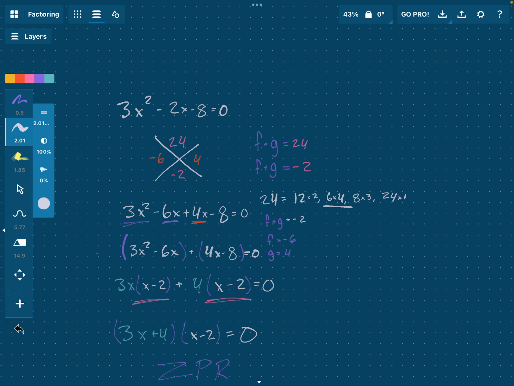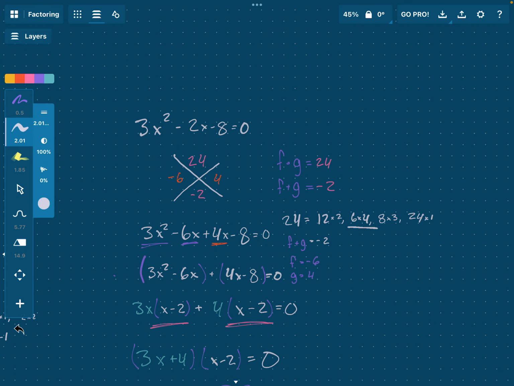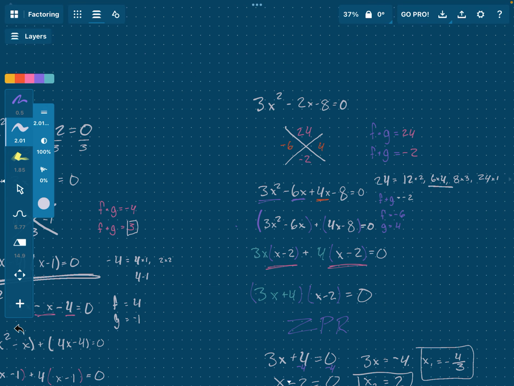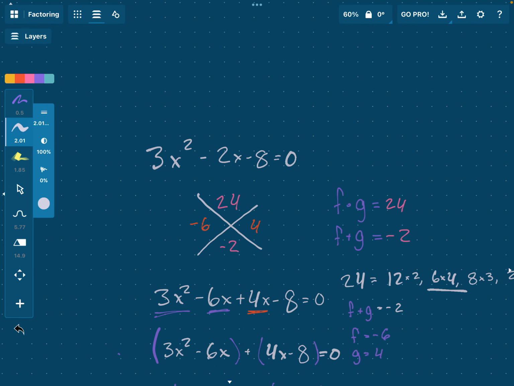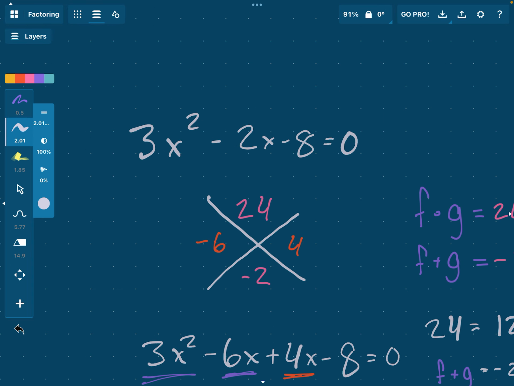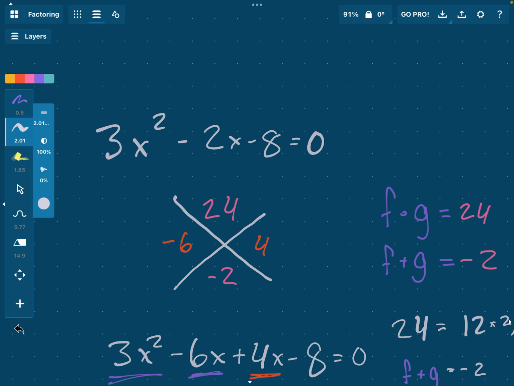Now what happens if we try to divide out the a like we have been, or like I showed you on the last one, since that seems to be a little bit more simple? So let's try on this one as well. We're going to divide 3 from all the terms.